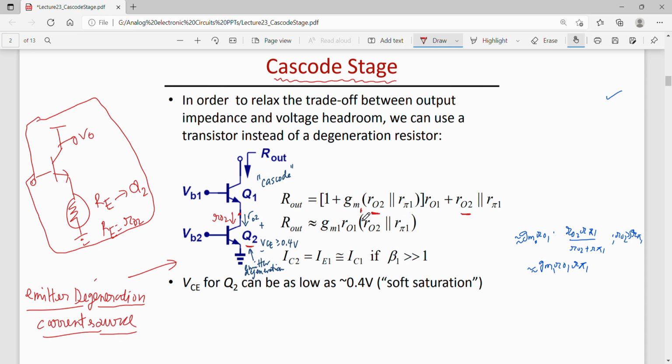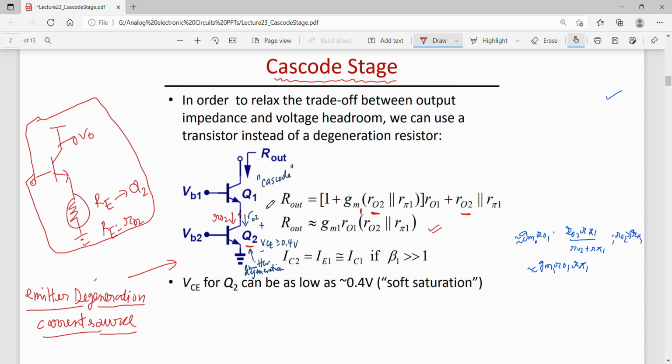So one can consider that gm1 is 1 plus gm1 RO2, and here gm1 RO2 parallel to rπ1 is much greater than RO2. Once we do that, one can simplify this to this equation.